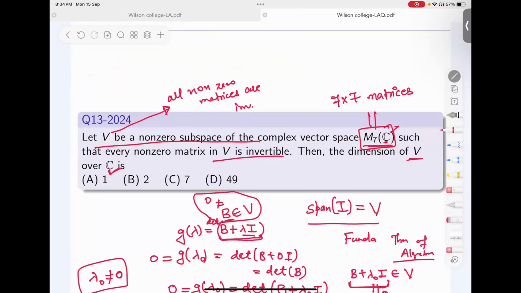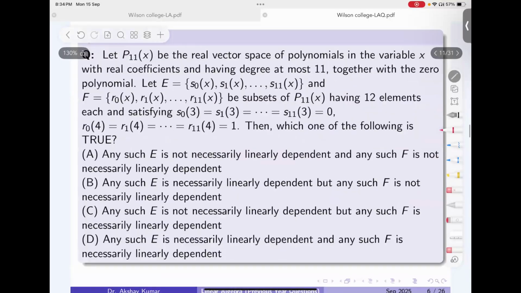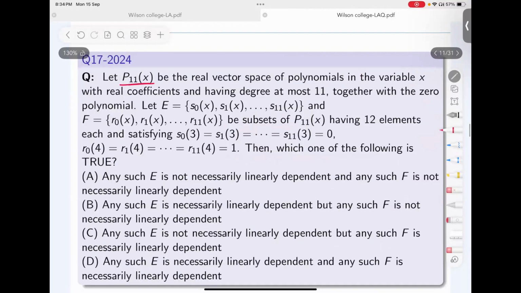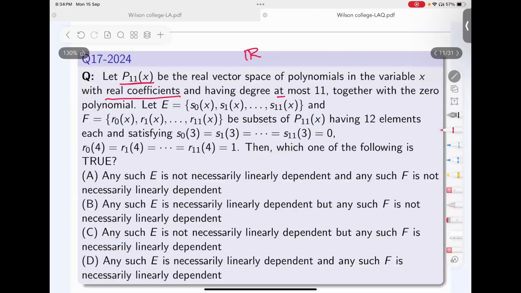Okay. So let's move to the next one. Here P11(x) is the space of all polynomials with real coefficients, so our field is real, and the dimension is at most 11, together with the zero polynomial.